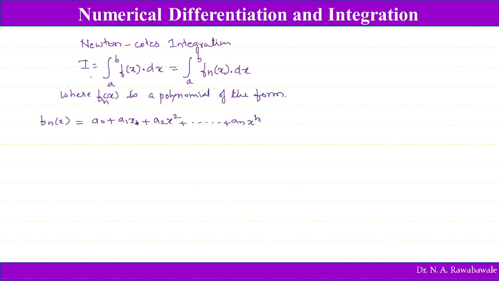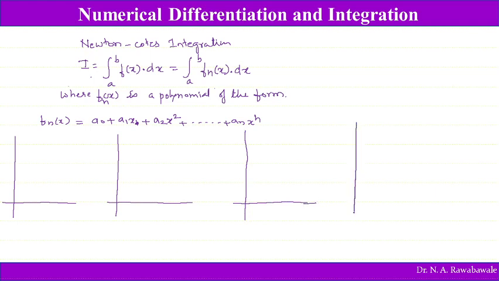So now if we plot this polynomial on various graphs, say here, this is the first graph, second graph, third graph we consider, and fourth graph. We'll have these polynomials.